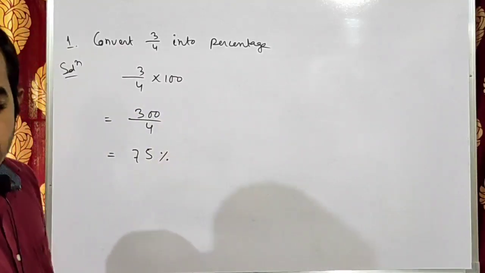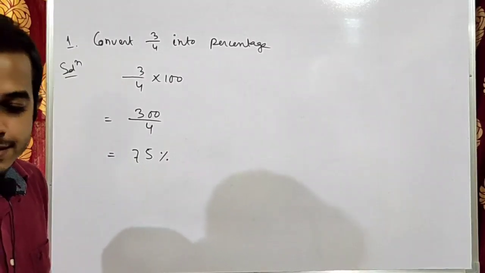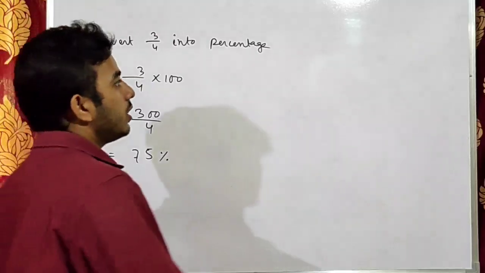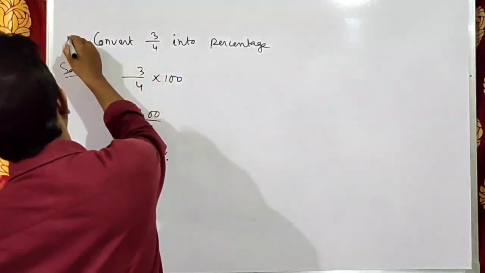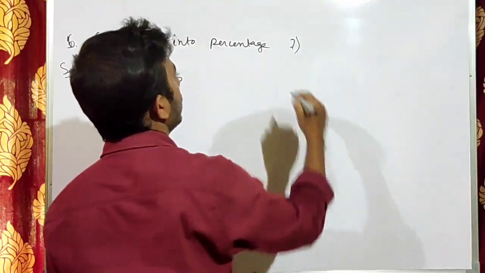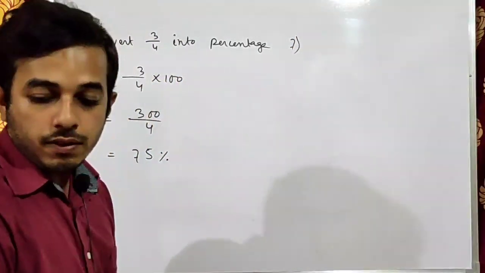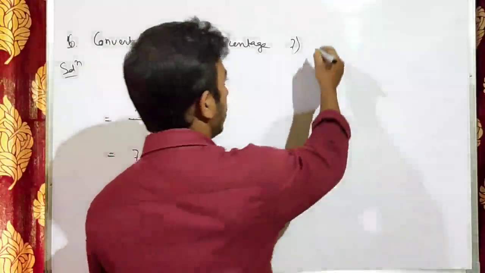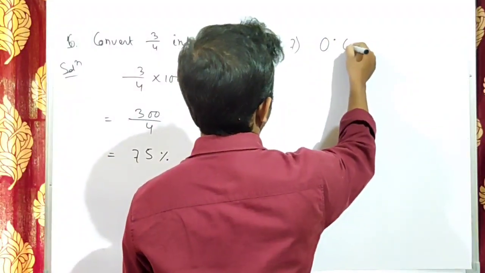Now let's convert some decimals into percentage also. This one is question number 7 of your textbook. The first decimal is 0.65.